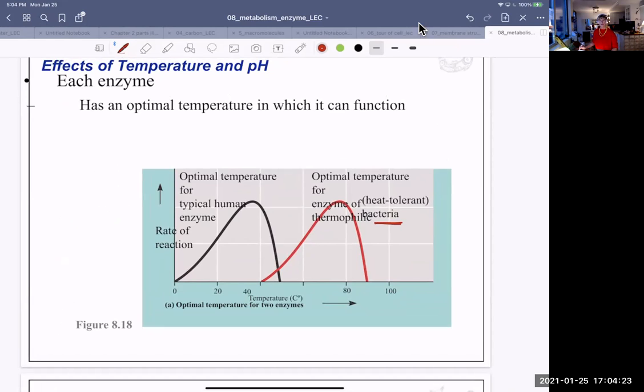That's where they evolved to work. So the optimal temperature for these two enzymes is quite different between a human and a bacterium. This is a thermophilic bacterium. It can function quite well in those hot areas because their enzymes are adjusted.